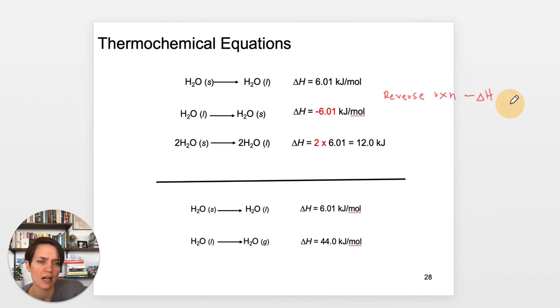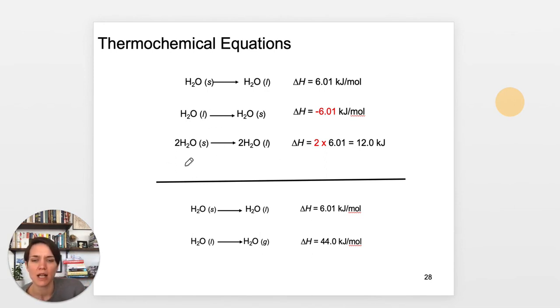So equal and opposite. Same magnitude, but opposite direction. Okay, so I like to call this flipping the equation, right? Reactants become products, products become reactants, and the delta H is negative.